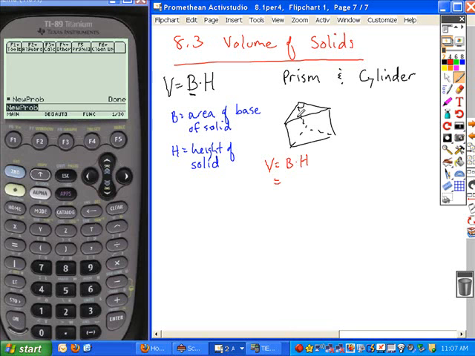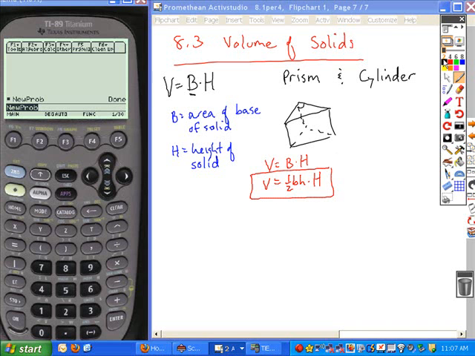It's a triangle, so the area formula of a triangle is 1/2 base times height, all times the height of the solid. Okay, so here is what you would wind up using for your volume formula. You don't need to memorize a specific formula for every type of base shape. If you know the general rule, V equals capital B, capital H, you can figure out any other formulas based on whatever shape you have as your base.